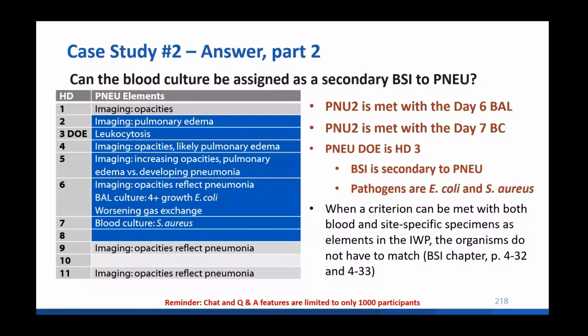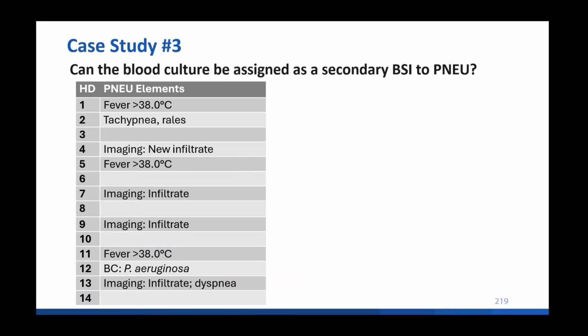Anything else, Melissa? There are a few questions that have arisen about case study number 3 in general. Can you go over the case study 3 with new 1 and new 2?